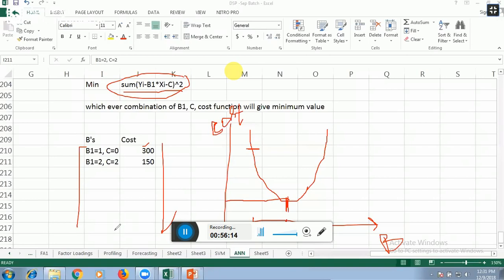That's the place where this algorithm plays a role. Assuming my polynomial cost function is something like this, it always has only one minimum value, right?